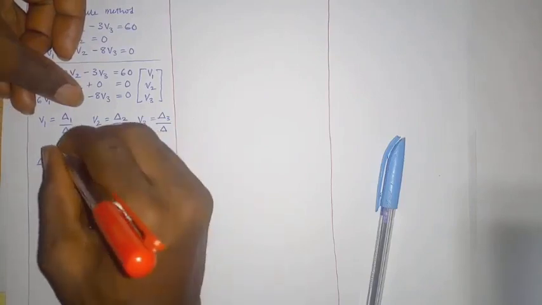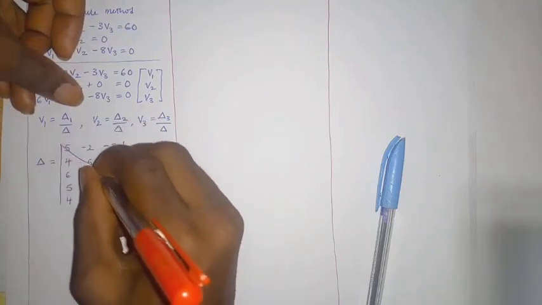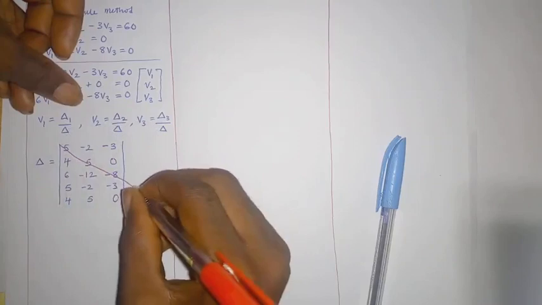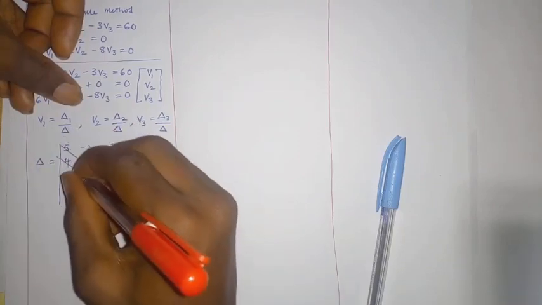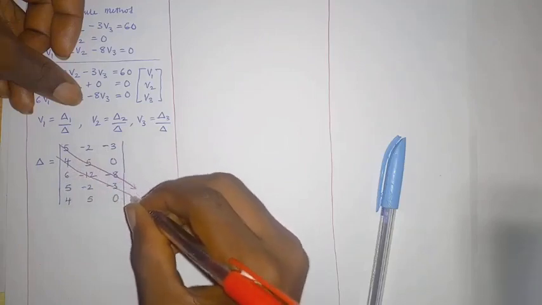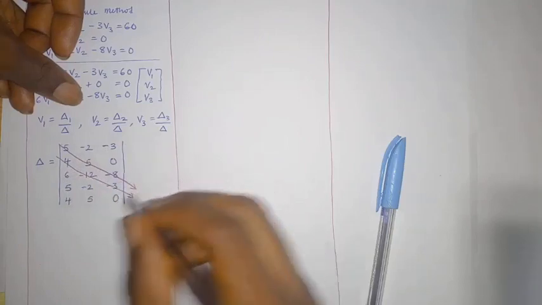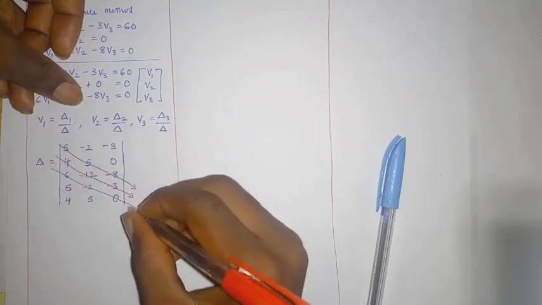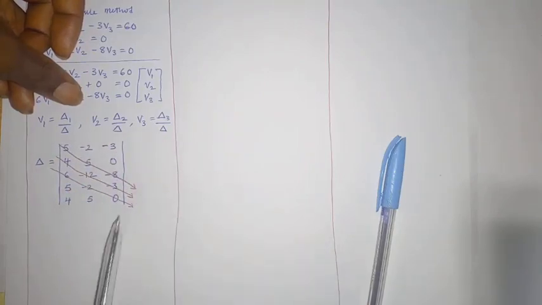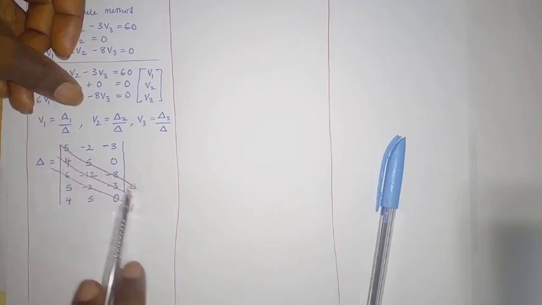Okay, this arrow goes this way, then another one. You see the arrow, it touched this 5, 8, 4, 12, 3, 6, 2, 0.